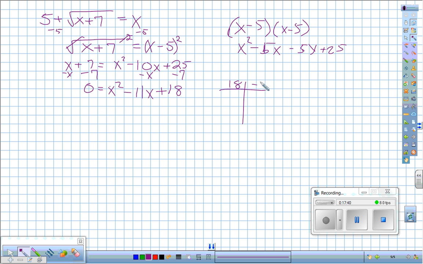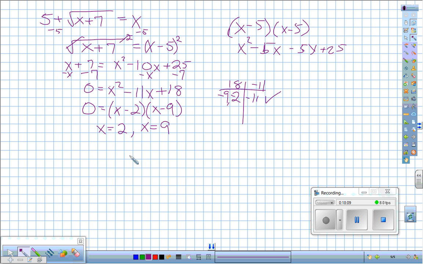My factors of 18 will be 9 and 2. They will both have to be negative in order to get to negative 11. Since I don't have anything out front, this factors nicely: x minus 9 and x minus 2. And so that will mean that x will equal positive 2 and x will equal positive 9.